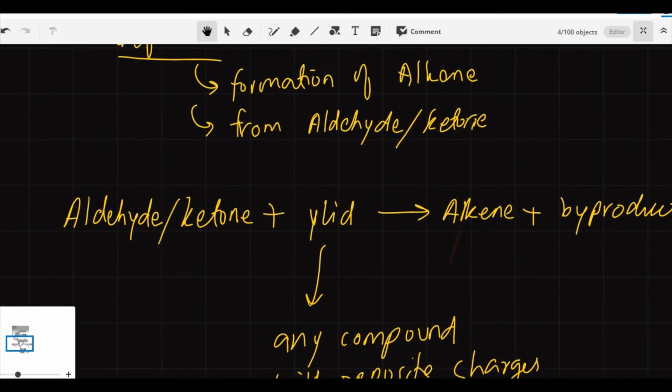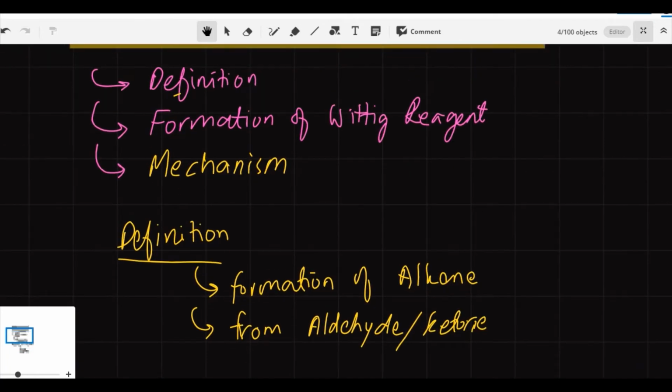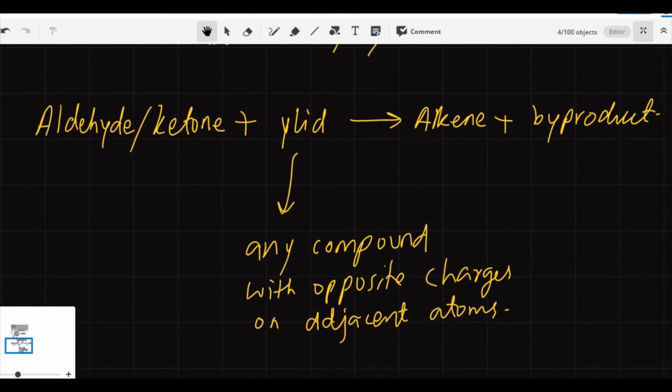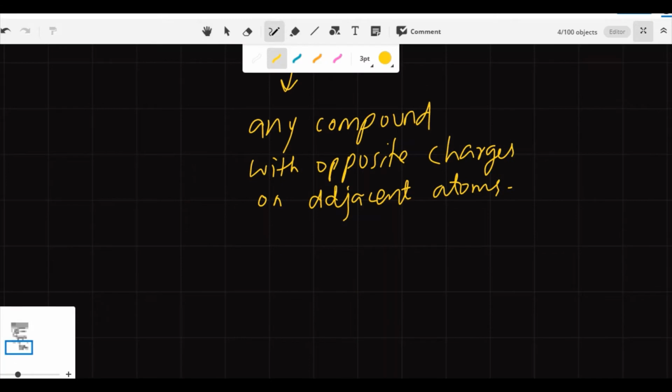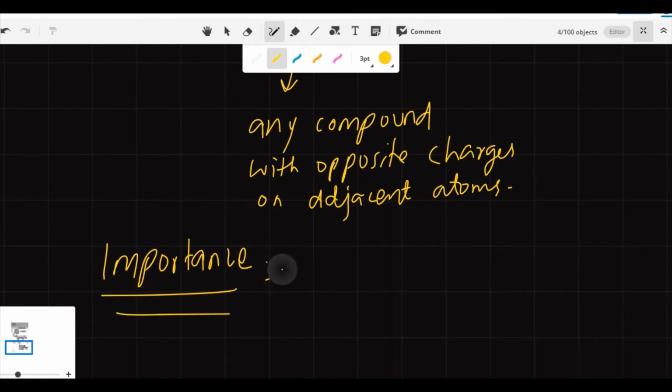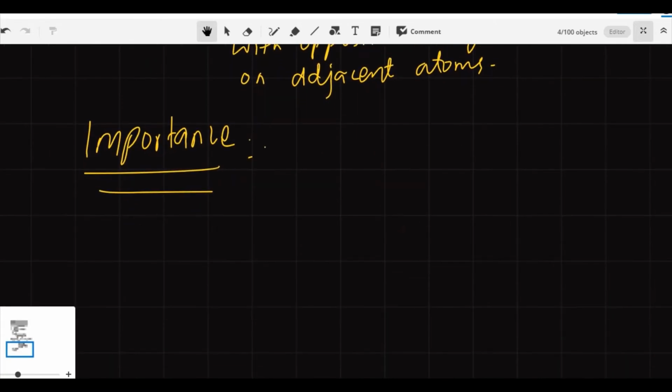Why is the Wittig reagent so important for alkene synthesis? Because you know that there are a lot of ways in which we can form alkene, but the Wittig reagent is used for the preparation of alkenes that would be difficult to prepare by any other reaction.